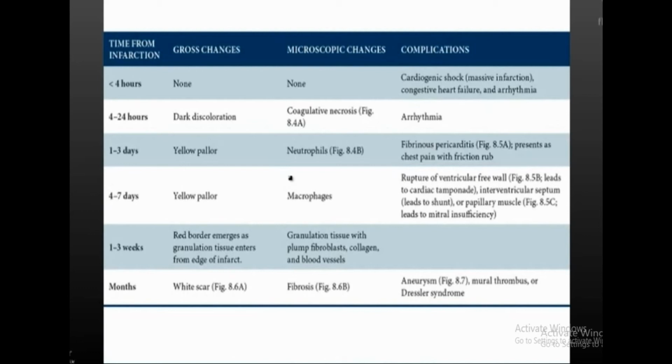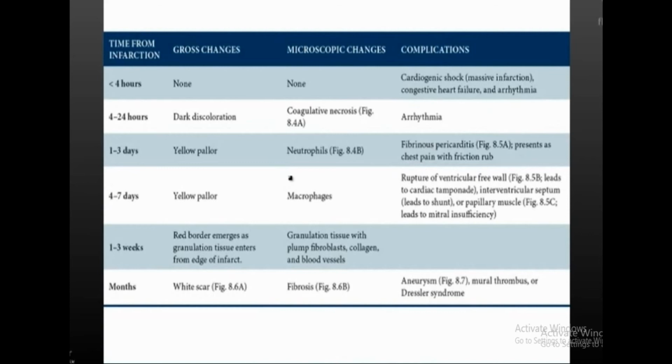Okay, and coagulative necrosis occurs within 1 day, 4 to 24 hours. And the complication of coagulative necrosis is arrhythmia, very important. Also what we need to remember in this section is the macrophages, and we need to understand the rupture.